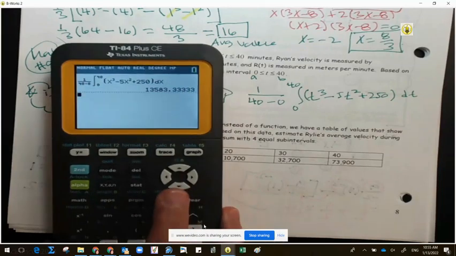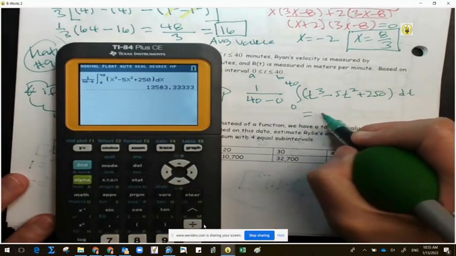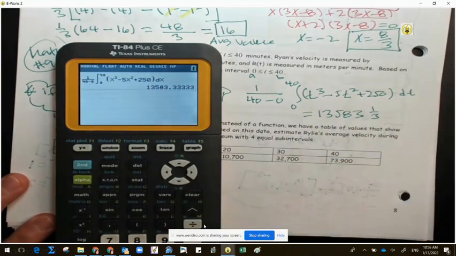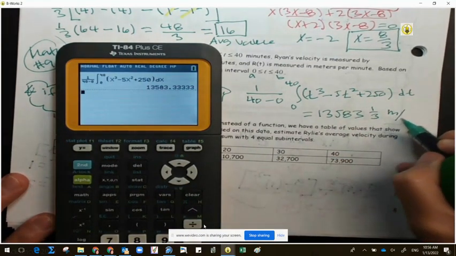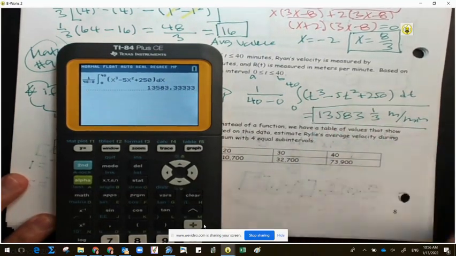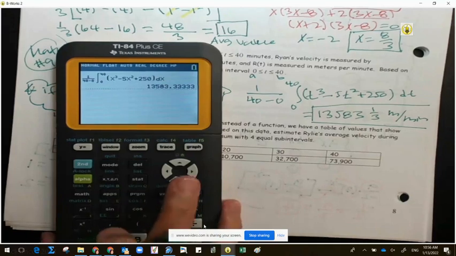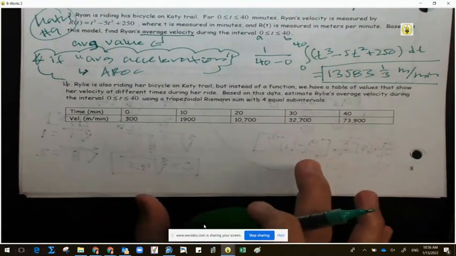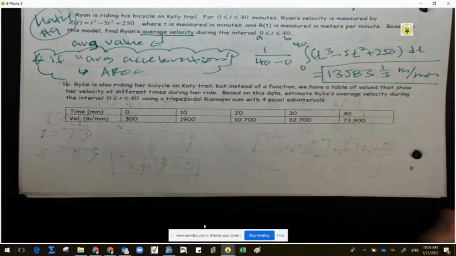Clean fraction-ish? Yep. So we get 13,583 and 1/3. And that's going to be meters per minute. Oh, very fast.